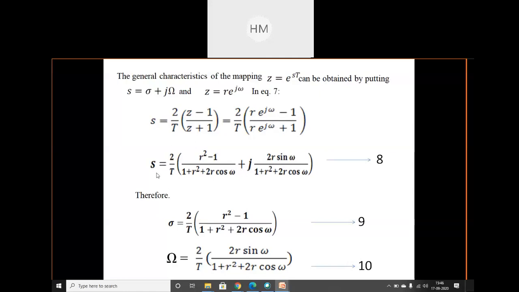Therefore, what is s? Sigma plus j omega. This is my sigma and this is my omega term. So I got sigma and omega terms by simplifying this equation.